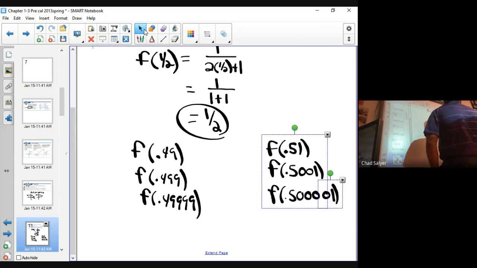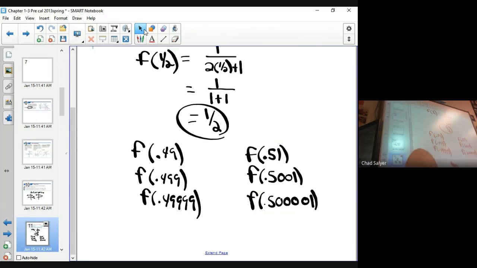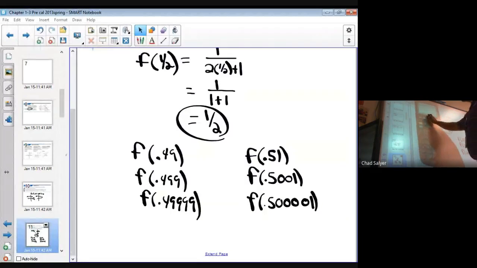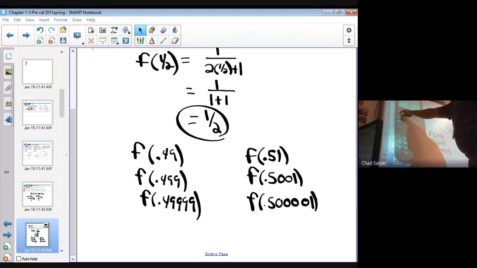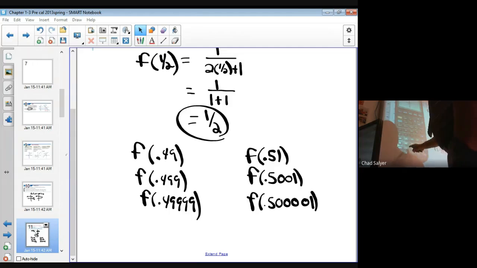I'm concerned now about these values that are just to the left and just to the right of 1/2, and we'll see what the function's values are at those points. So I plug into my calculator 1 divided by, in parentheses, 2x plus 1. Then I go to the graph and use trace and then 0.49.